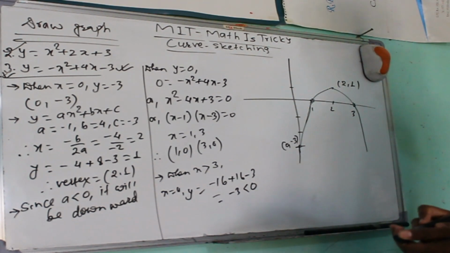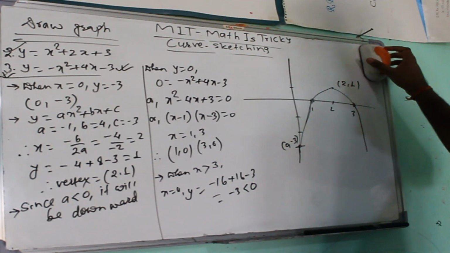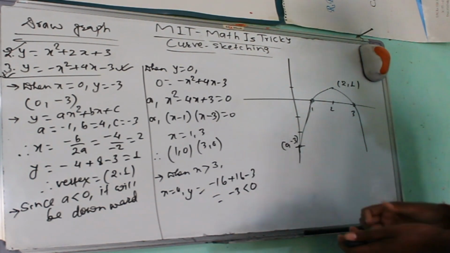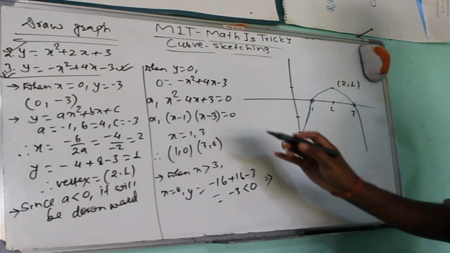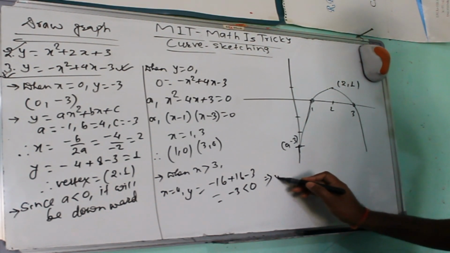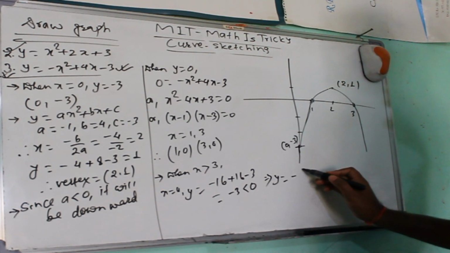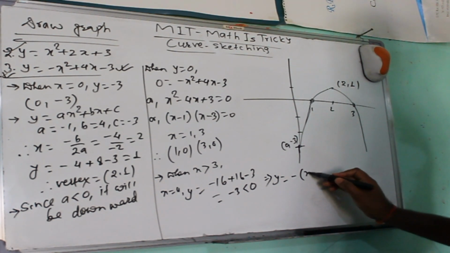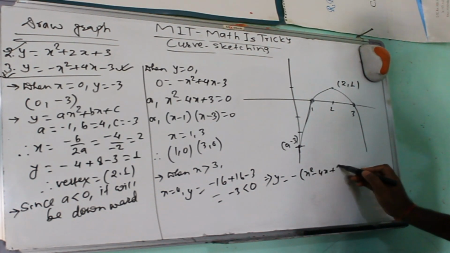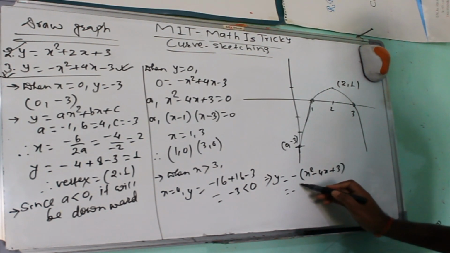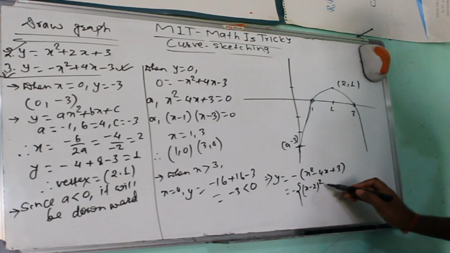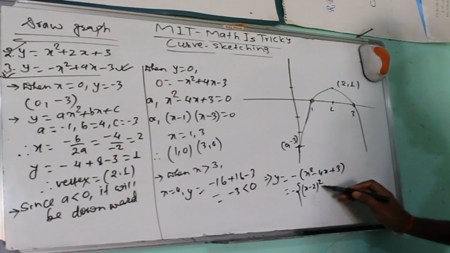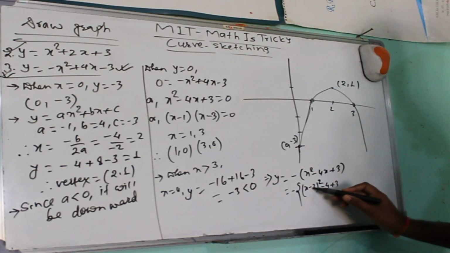Again we can check the line of symmetry. Let me find the line of symmetry also. For line of symmetry, write like this: y equals minus common, so it will be x square minus 4x plus 3. So minus (x minus 2) whole square, and then plus 4 will be here, minus 4 and plus 3, because plus 4 we get from here.